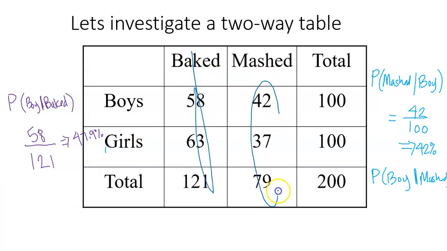This is the column I'm looking at. There are 79 total possible outcomes. How many of those 79 are boys? 42. So 42 out of 79 is 53%.